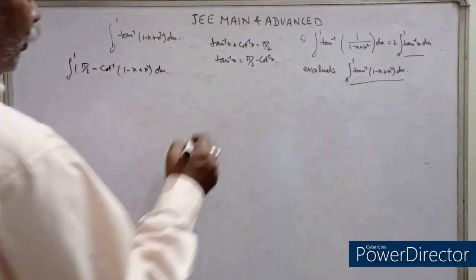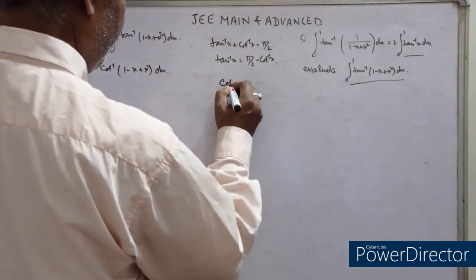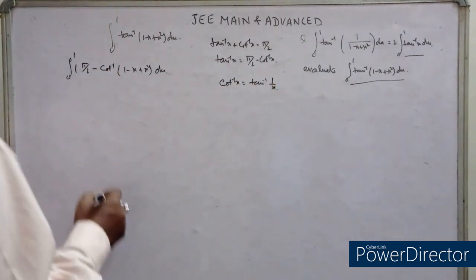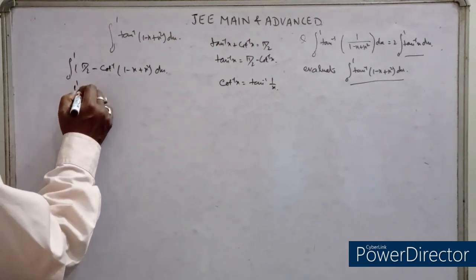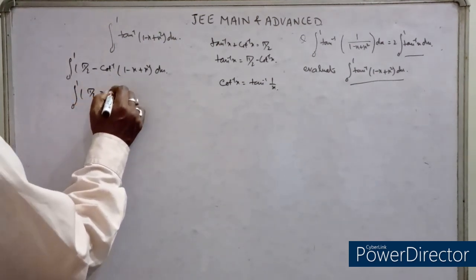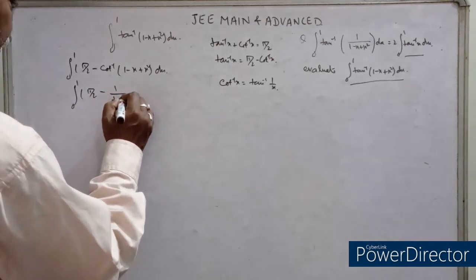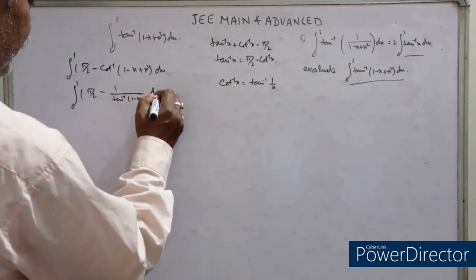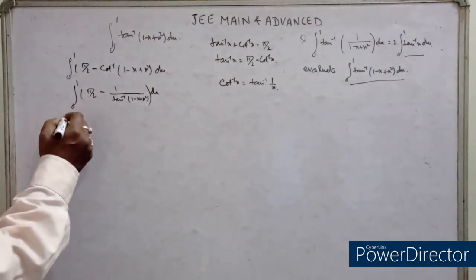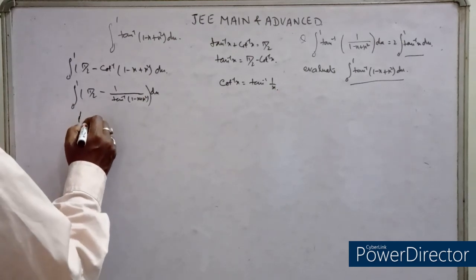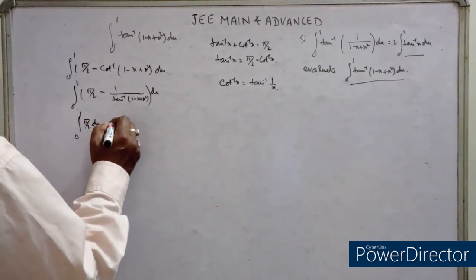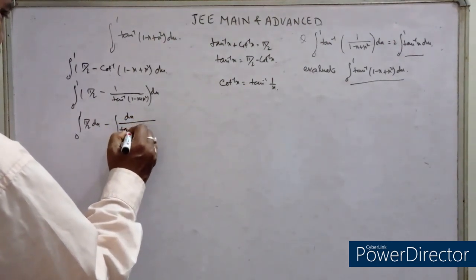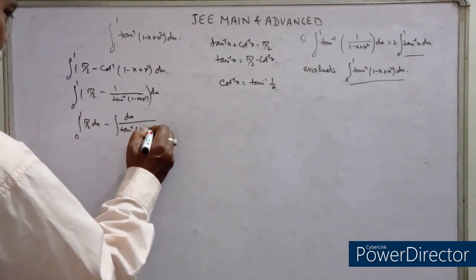Again we know that cot inverse x is equal to tan inverse 1 by x. So this becomes integral from 0 to 1 of pi by 2 minus tan inverse of 1 by (1 minus x plus x square) dx. This converts to integral from 0 to 1 of pi by 2 dx minus integral of tan inverse of 1 by (1 minus x plus x square).